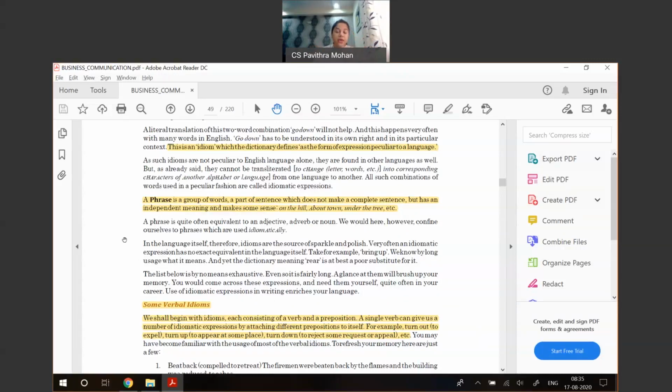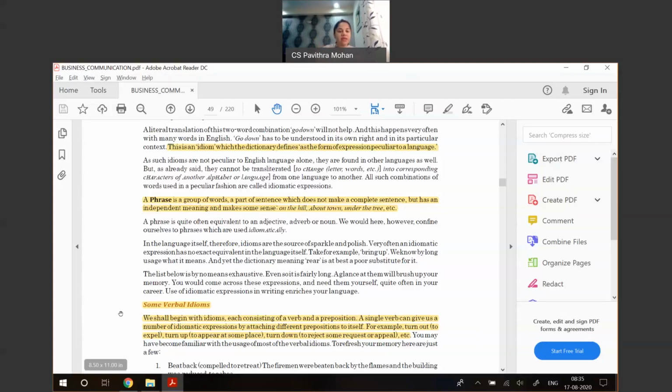But it is a small group of words which will still convey a particular meaning, like on the hill, about town, under the tree. Where were you? Under the tree. Where were you? In the room. You're not saying I was in the room, you're just saying in the room. These words give you the meaning, but it is not a complete sentence. That will be called my phrases.